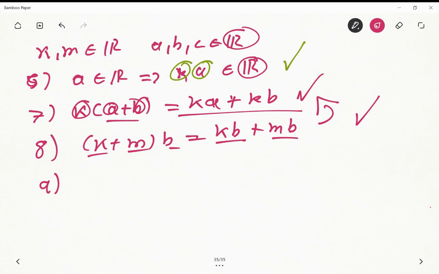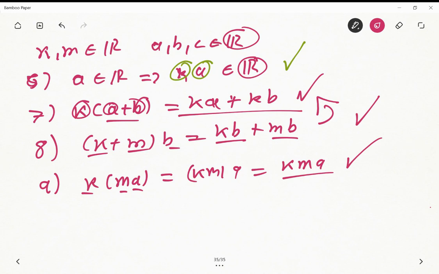Number 9 says the associativity of the scalar multiplication. Again, here all the elements are real numbers, they're just numbers, so all these are equal to kma, so it holds.